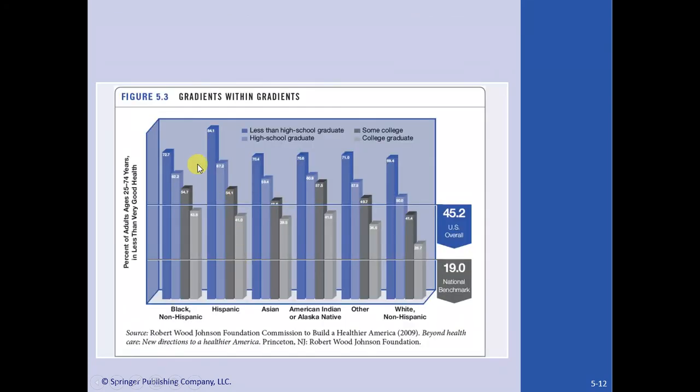And we see when we study gradients within gradients, take time to look at this chart. Higher is worse. Percentage in poor health, and you see stark differences with different ethnicities, but also within one ethnicity, you also see a gradient or gradients according to education level.